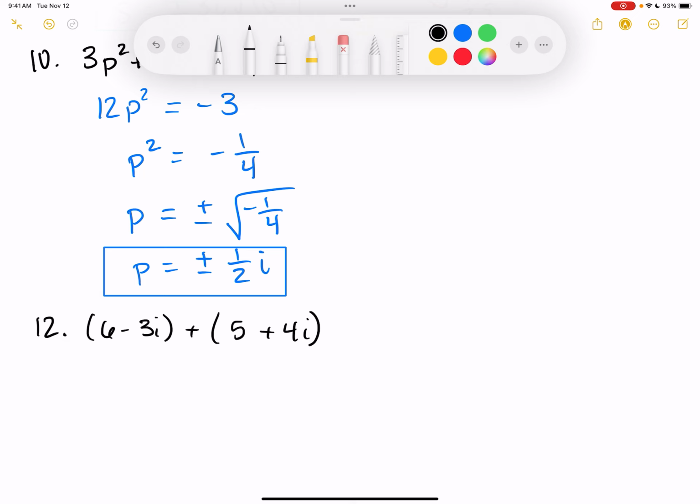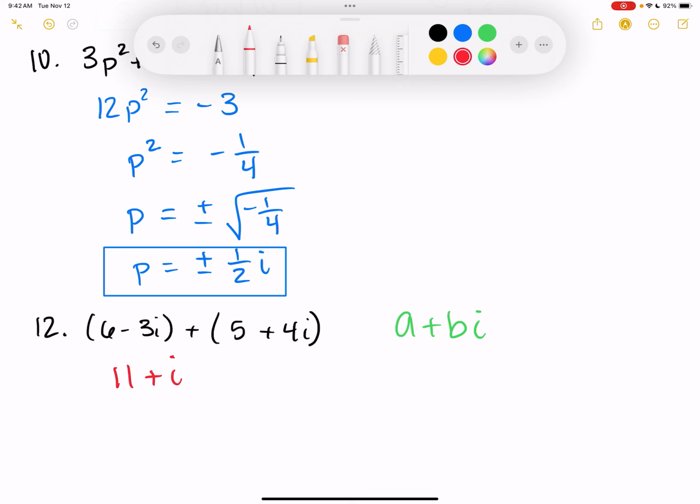So, just like terms, we can only add things that don't have i's together and then things that do have i's together, and it has to be written in standard form, which is a plus bi. So I have 6 plus 5, and then negative 3i plus 4i. So would it just be plus i? Yep. Plus i. Oh, I got that right.